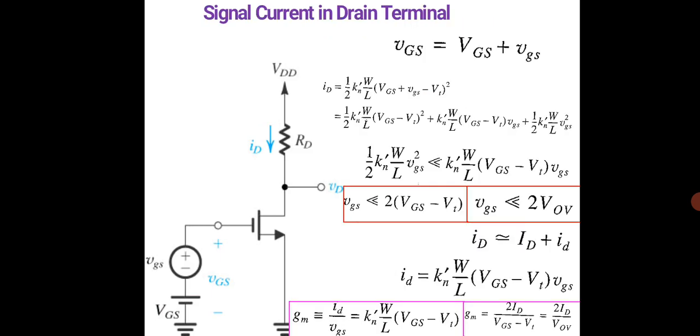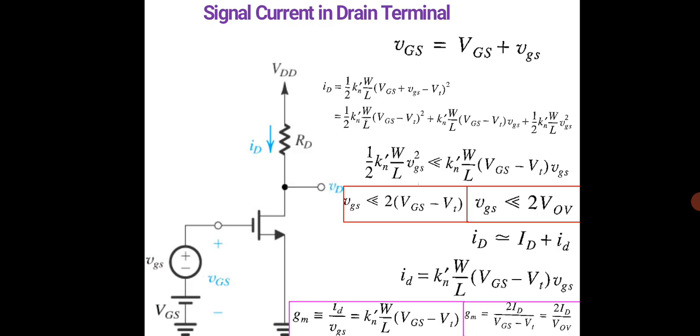So this is the signal current in the drain terminal. What will be the signal current in the drain terminal? We have the various expressions derived for the transconductance. Here iD is represented where we have the expression given, and vgs is very much less than 2(VGS minus VT), and I can approximate iD to be ID, which is the DC current, plus id, which is your AC current.